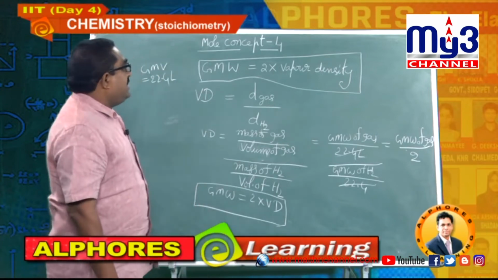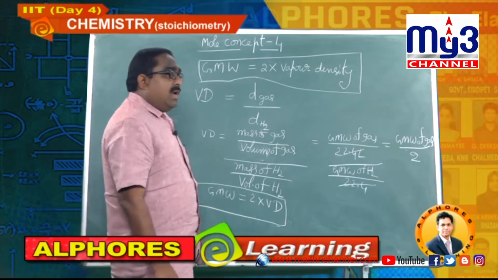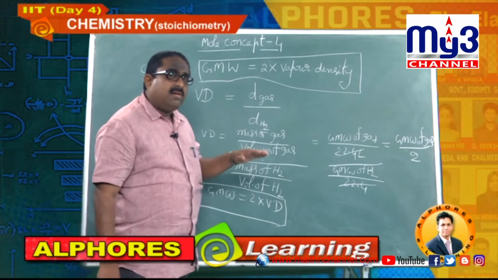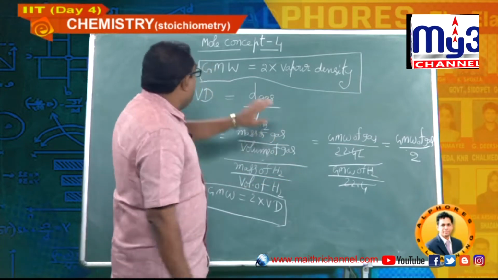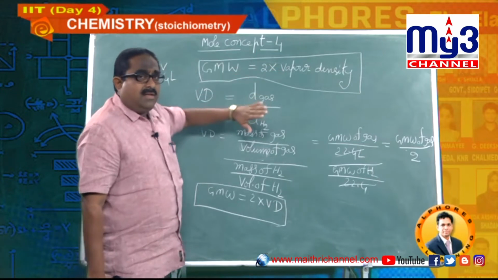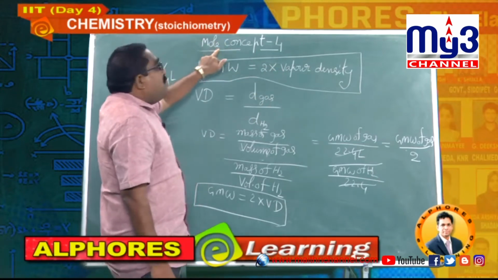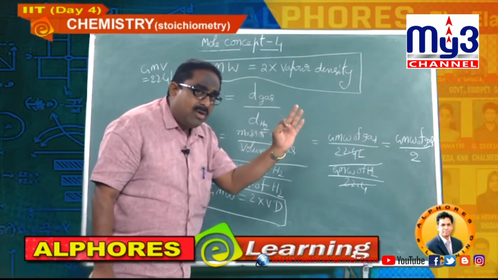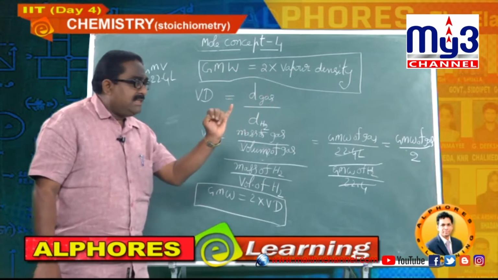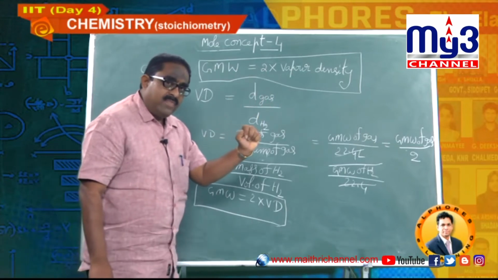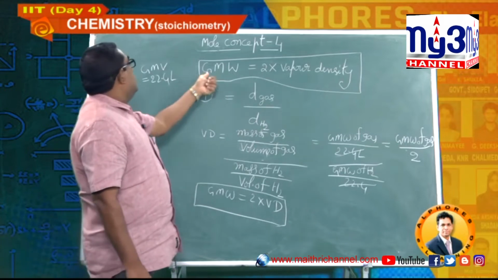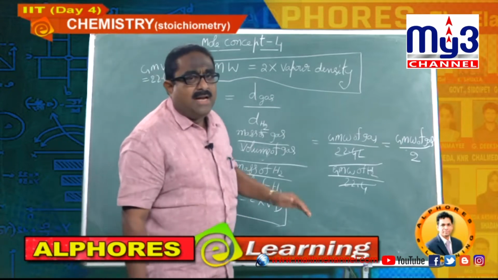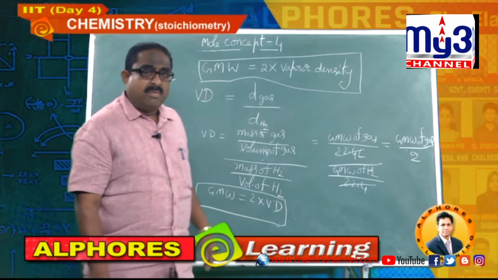So students, with this concept we almost complete the basic fundamental concepts of the stoichiometry chapter belonging to the area of mole: from the definition of atom, molecule, and then GAW, GMW, mole, and then gram molar volume. So these are the very fundamental areas of the stoichiometry chapter.